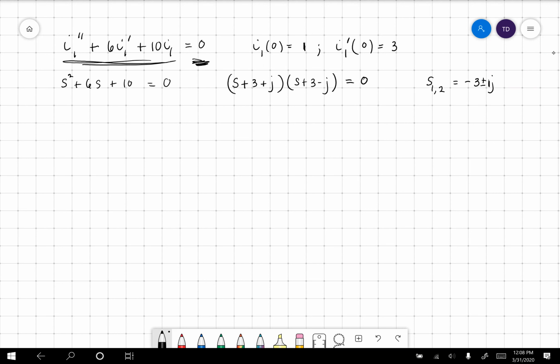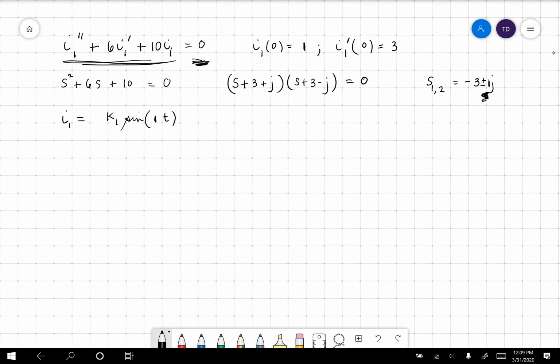So we know that the homogeneous response for this is in category 3, and that response looks like the following. It's I1 homogeneous, but because there is only a homogeneous response, it's going to be the I1, the total response. So it's equal to K1 sine of the one that multiplies the imaginary part, sine of 1t.